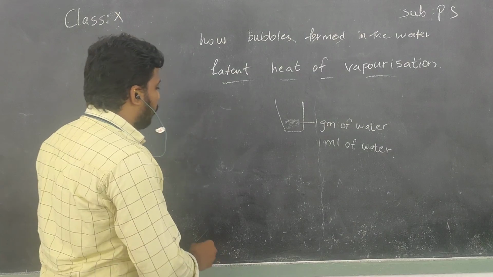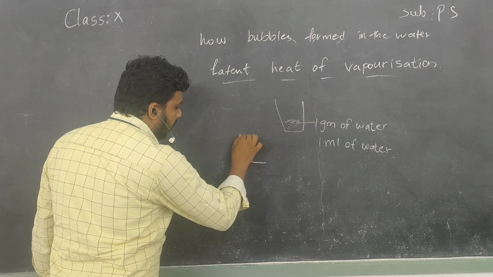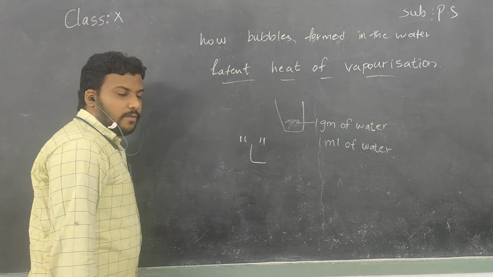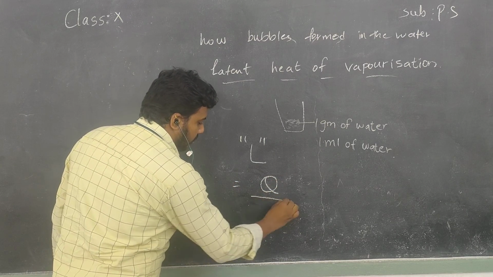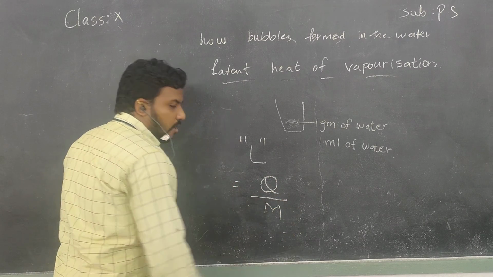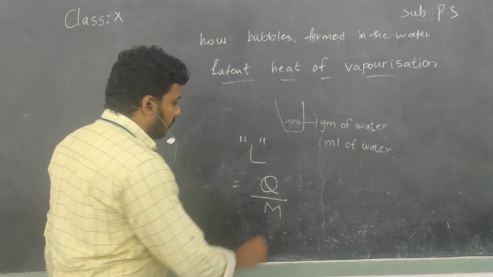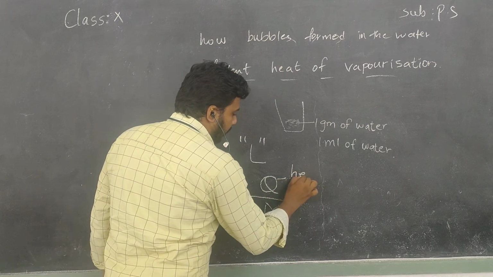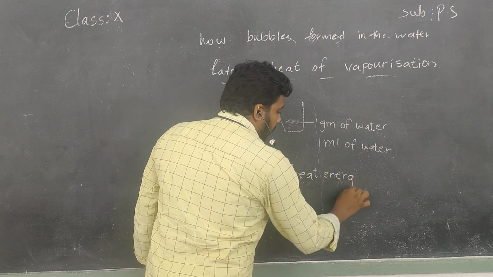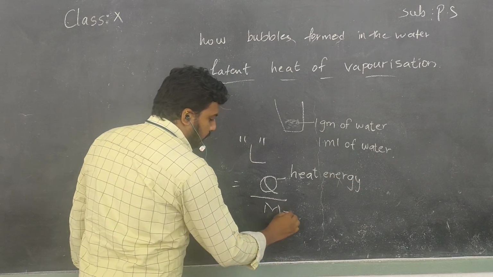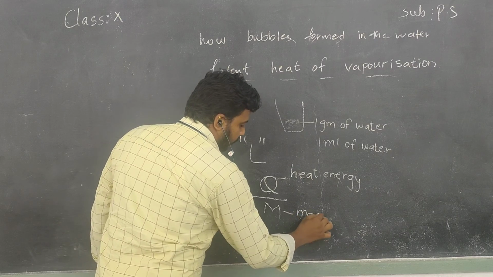So latent heat of vaporization is denoted by the letter L, children, and the formula for it is Q by M. What is Q, children? Q is nothing but heat energy. Heat energy is represented by the letter Q. And what is M? Mass.